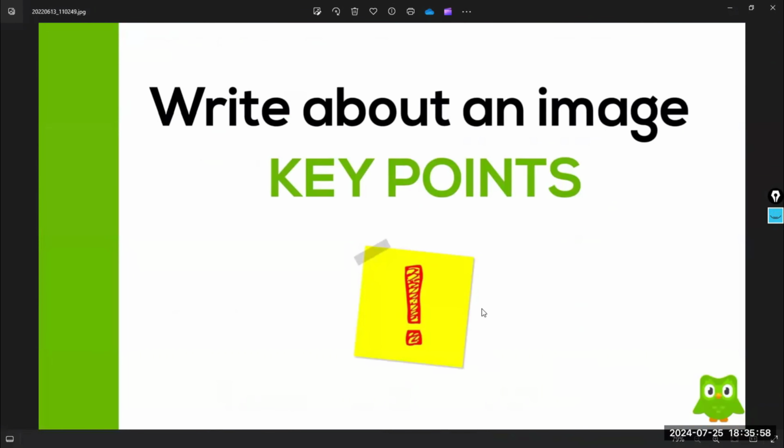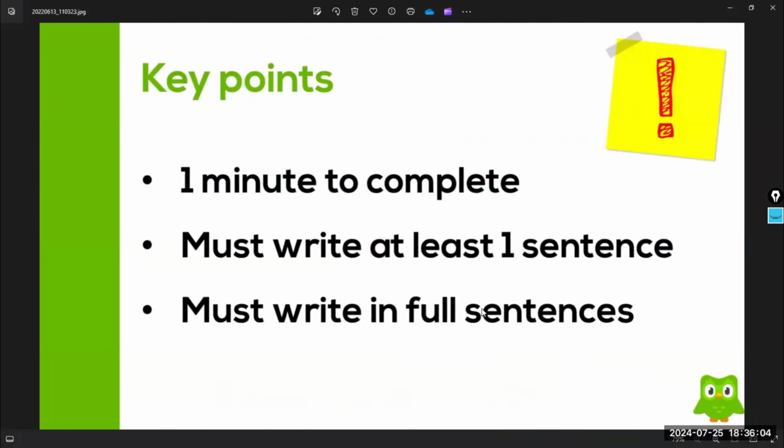Now, what are the key points that I really need to get a good band while writing the description about this image or about any image that is going to be shown on my screen? As I told you, I have only 1 minute to complete this task. I must write at least one sentence, and it's better to write more.